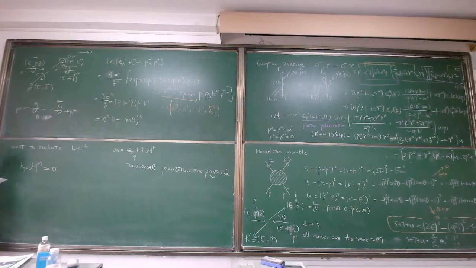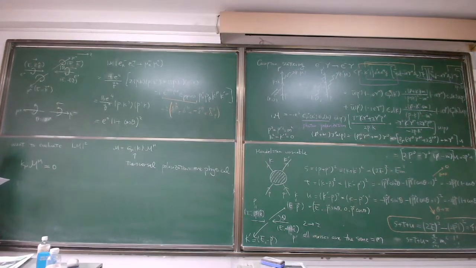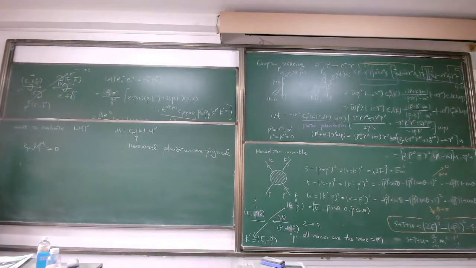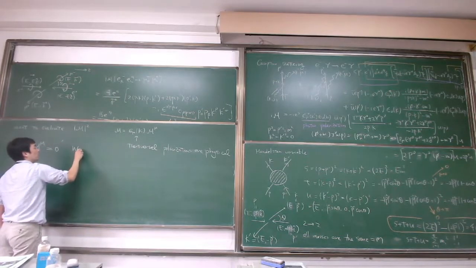So for instance, this will get rid of. So if you impose this one, this is called the Ward identity.